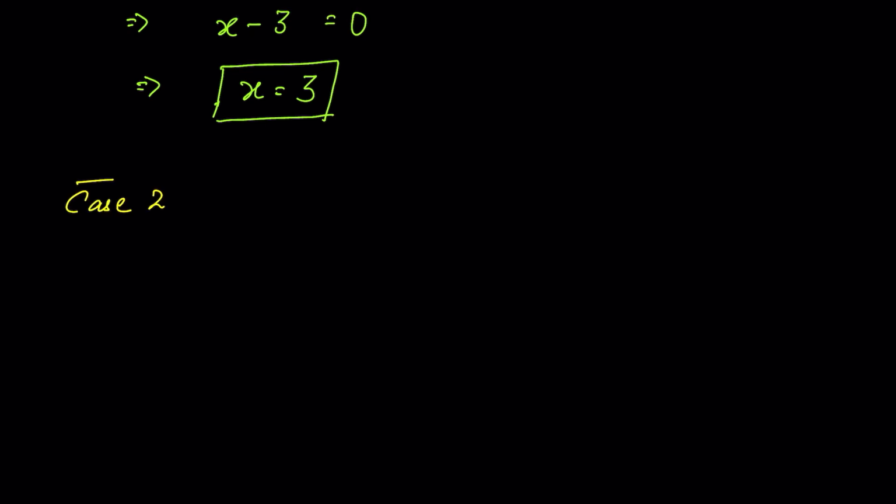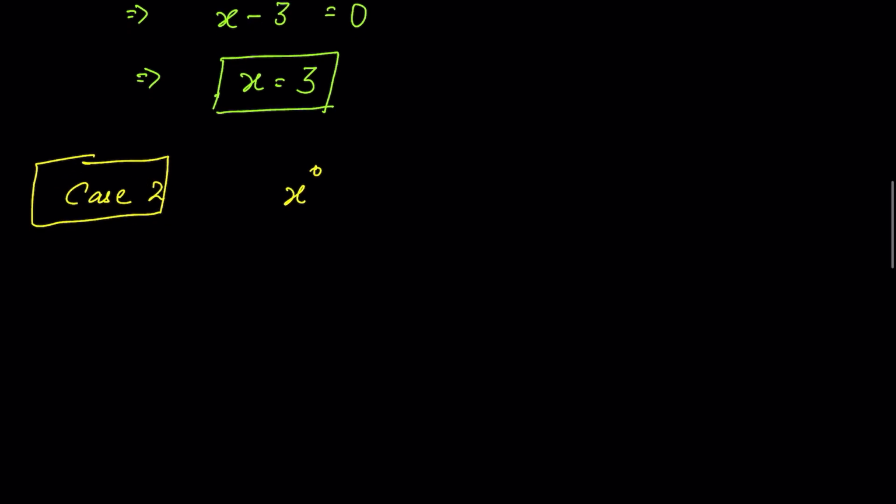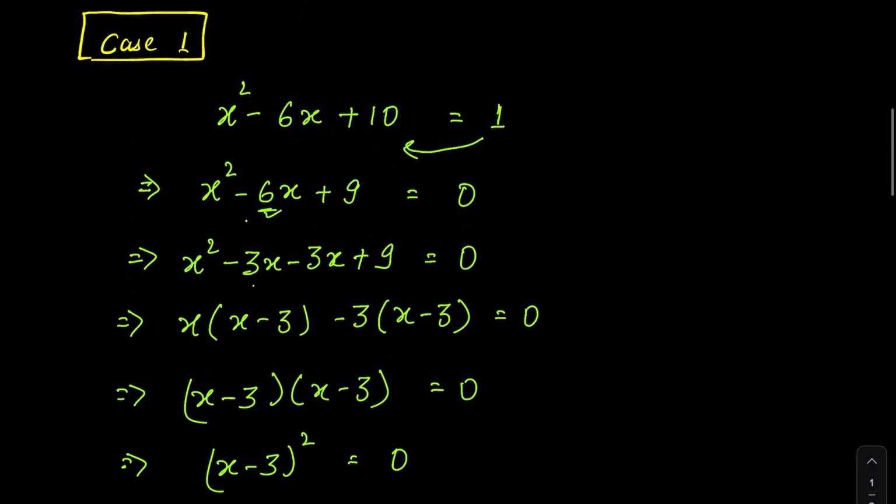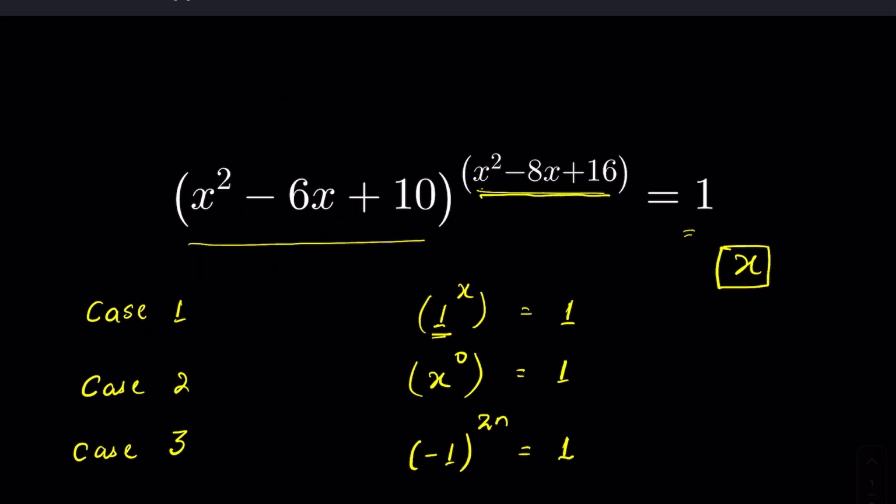Now case 2, when the base doesn't matter, it is x raised to the power of 0. That means the exponent is equal to 0. The exponent here is x² − 8x + 16.